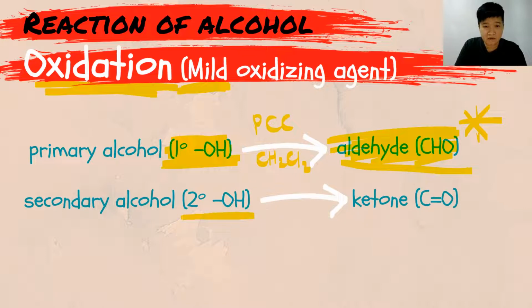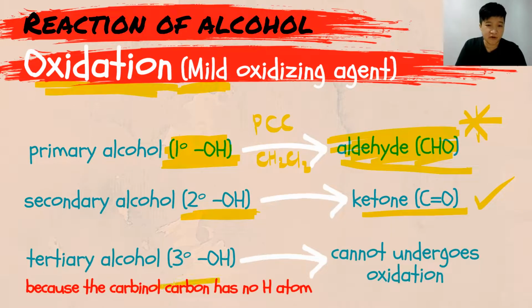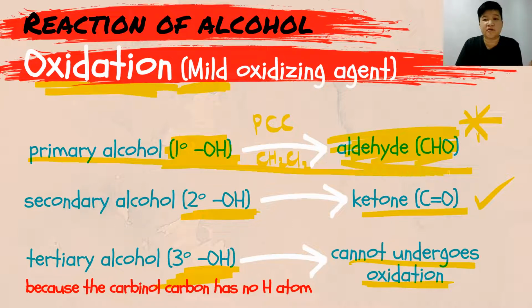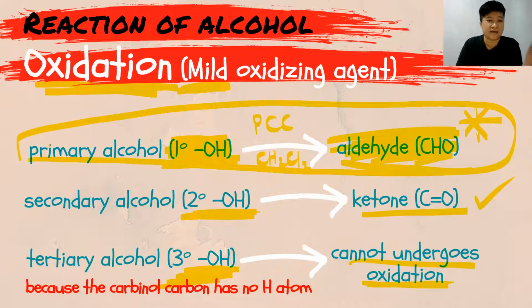Your secondary alcohol will still become ketone, which is the same. Your tertiary alcohol still cannot undergo oxidation, which is also the same. So in the mild oxidizing agent, we actually only make changes to your primary alcohol, producing aldehyde. Make sense? Simple. And we are done with your oxidation. Let's move on to the next one.